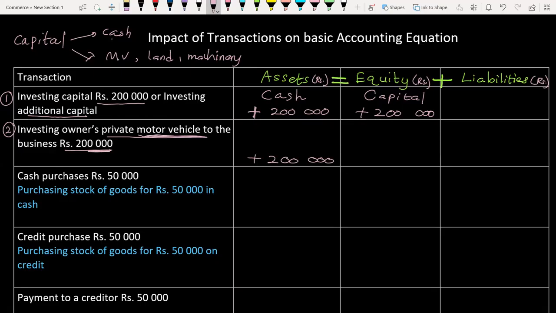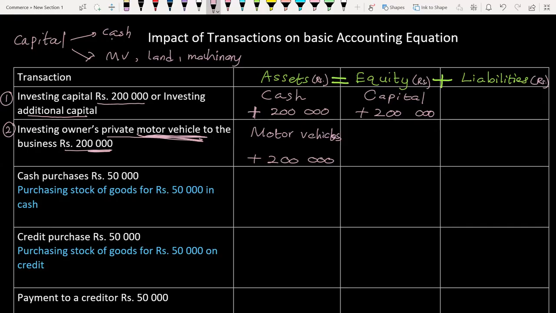And what is this particular asset item? It's motor vehicle. So assets increase by 200,000 due to motor vehicles. What is the other impact? Here again, this is about capital. This means this motor vehicle belongs to the owner of the business. That means this motor vehicle represents equity of the business. Because of this motor vehicle, the value of assets belonging to the owner in the business increases.